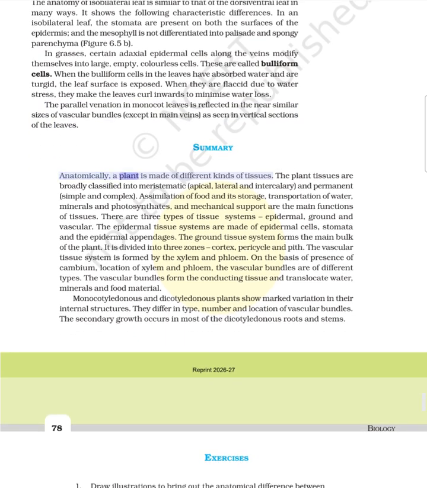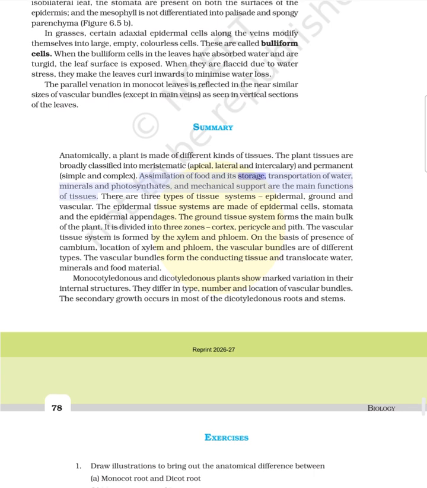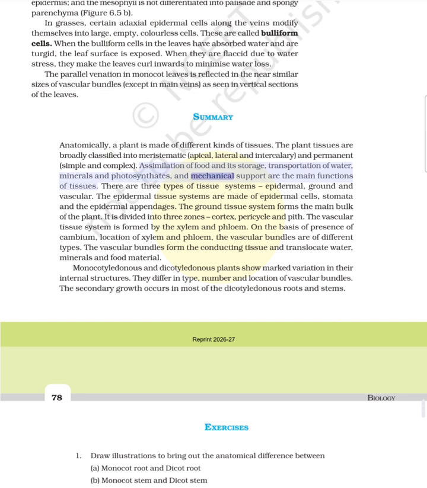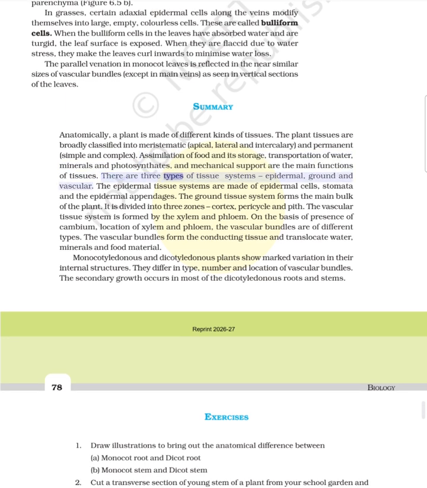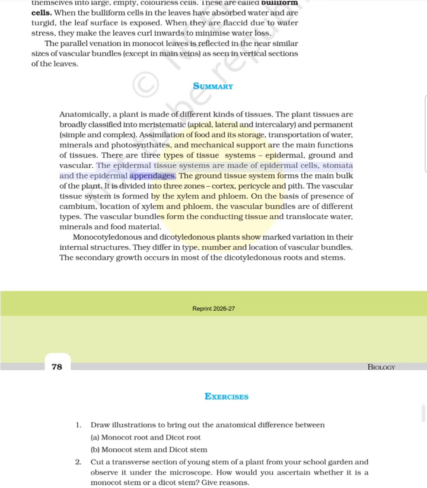Summary. Anatomically, a plant is made of different kinds of tissues. The plant tissues are broadly classified into meristematic and permanent. Assimilation of food and its storage, transportation of water, minerals and photosynthesis, and mechanical support are the main functions of tissues. There are three types of tissue systems: epidermal, ground and vascular. The epidermal tissue systems are made of epidermal cells, stomata and the epidermal appendages.